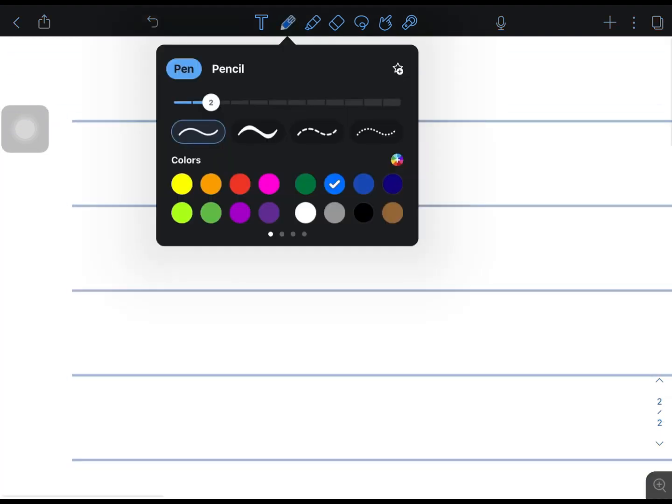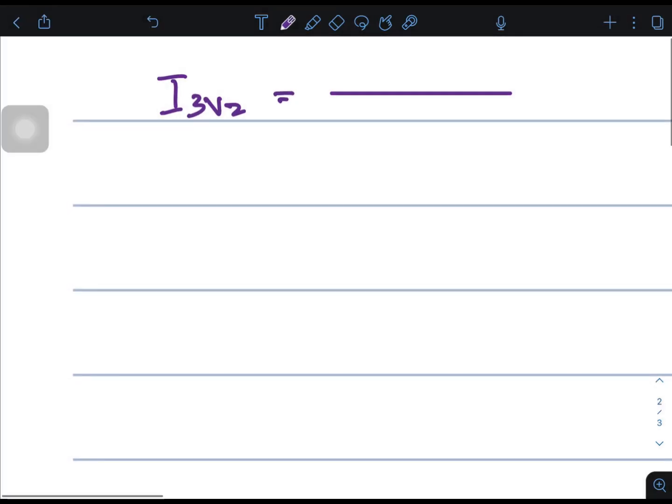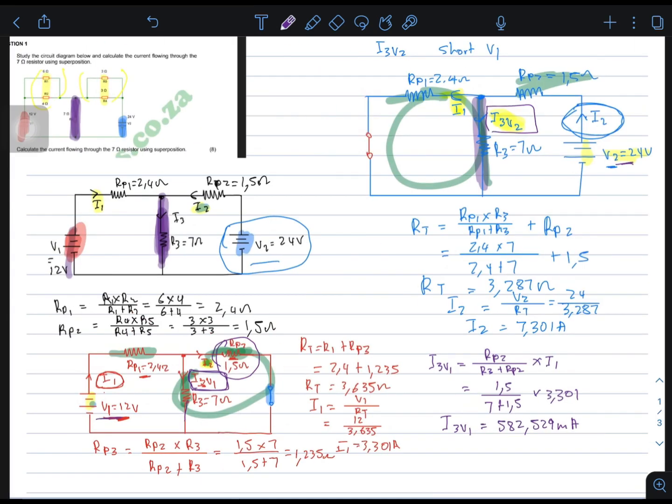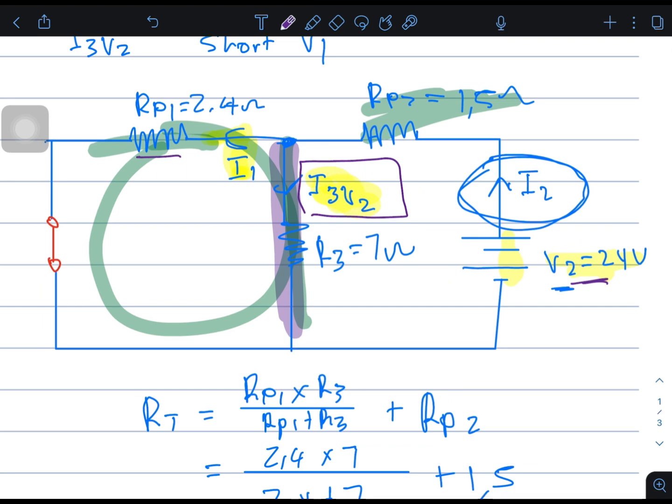Now that we found the total current, we can use the current divider rule and find how much current is contributed by V2 in that branch. I3 V2 equals, current divider rule, and we can see that this and this are in parallel.